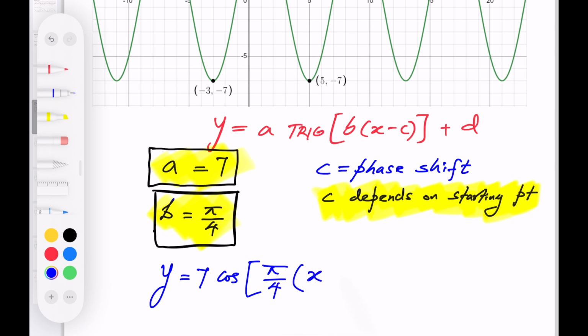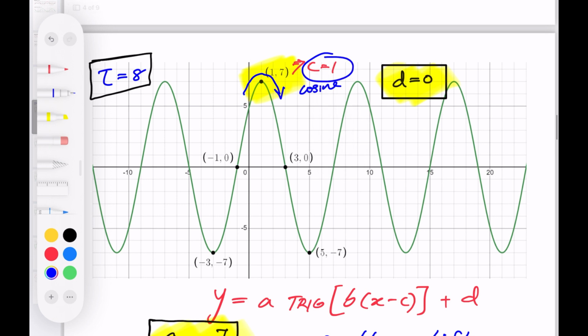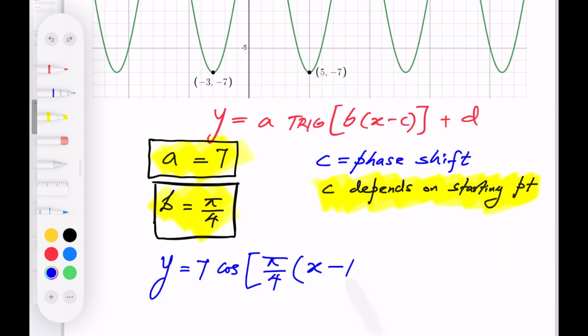Pi over 4 times x minus, and then I need to write down the value of c. c is equal to positive 1. Therefore, let me write down the 1 right here, close parenthesis, close brackets. And then I need the value of d. d is equal to 0 for this question.